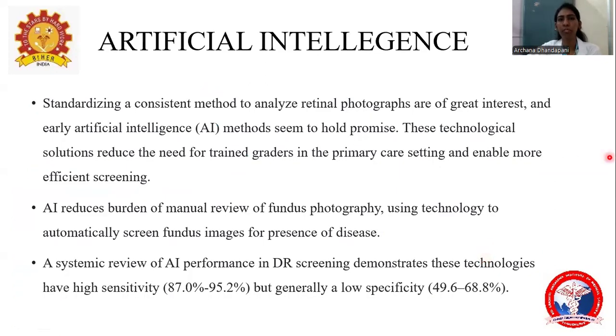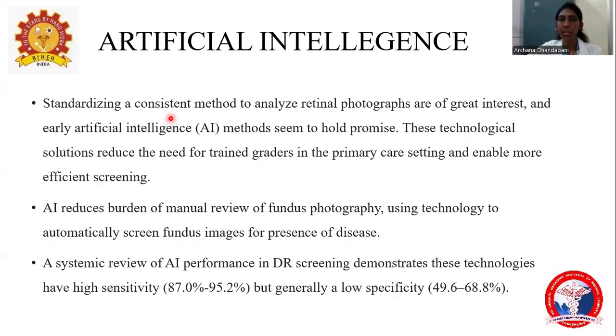And the role of artificial intelligence in diabetic retinopathy has grown very immensely. And standardizing a constant method to analyze retinal photographs is of great interest, and early artificial intelligence methods seem to hold promise. These technological solutions reduce the need for trained graders in the primary care setting and enable more efficient screening.